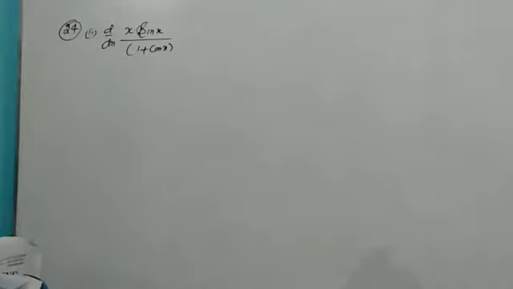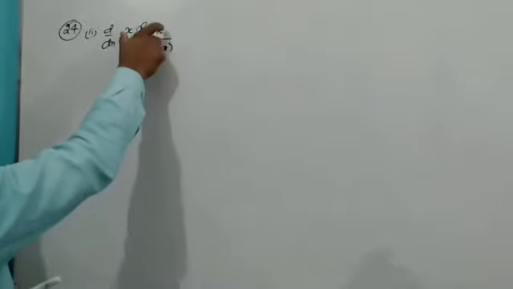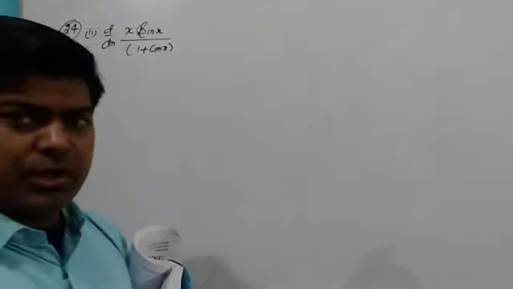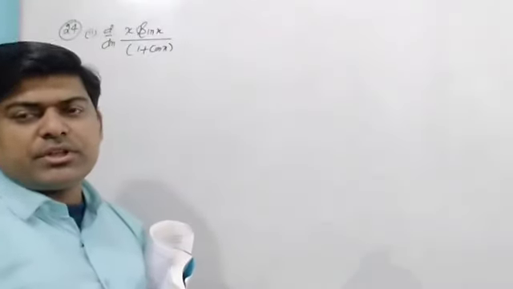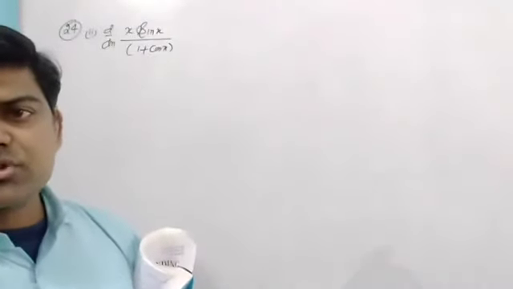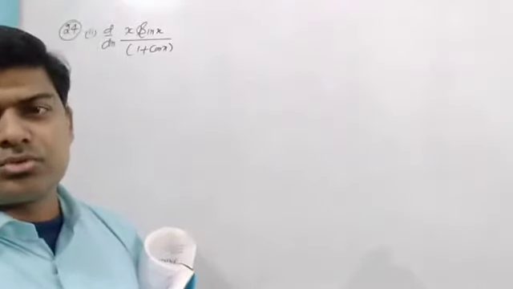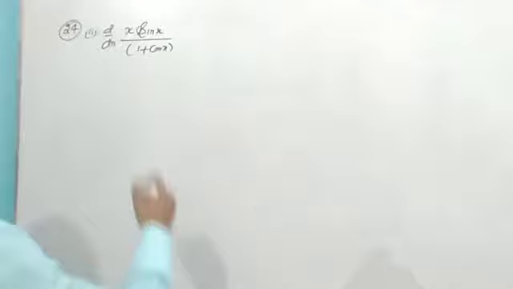Listen to me carefully what I have to do. Here you can see this is the denominator and this is the numerator. When I use the quotient rule, no problem, we can use. But during that, we will find that we have to use the product rule also. Let me tell you how.